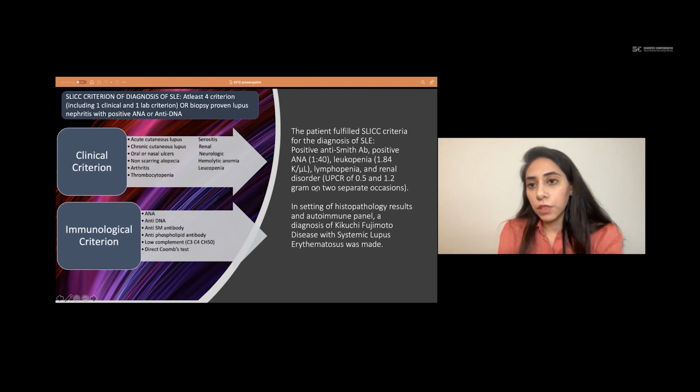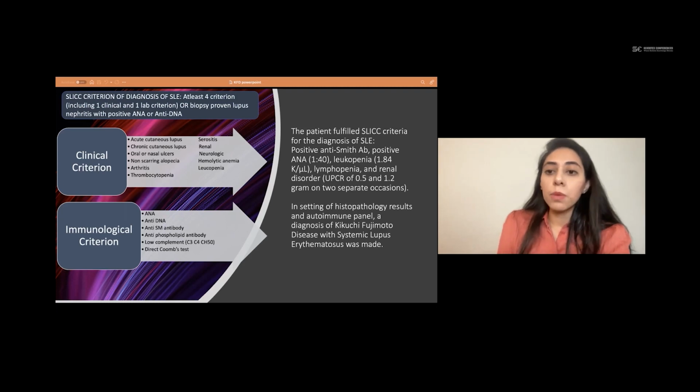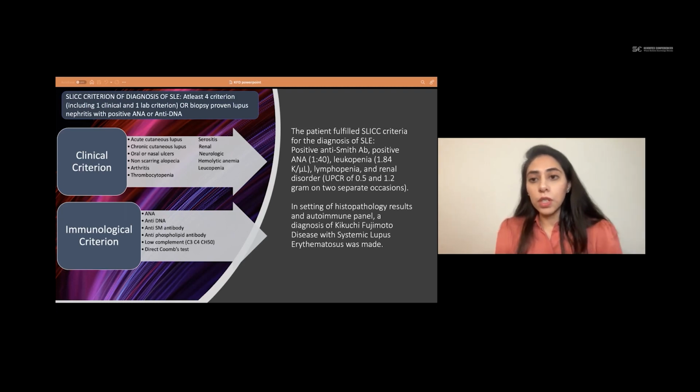Our patient fulfilled the SLICC criteria based on the following four criteria, including the positive anti-Smith antibody. The titers are 1 to 40. He was leukopenic, as mentioned before. He also had lymphopenia. And as I mentioned before, we had ordered a urine protein creatinine ratio, which was raised on 2 separate occasions.